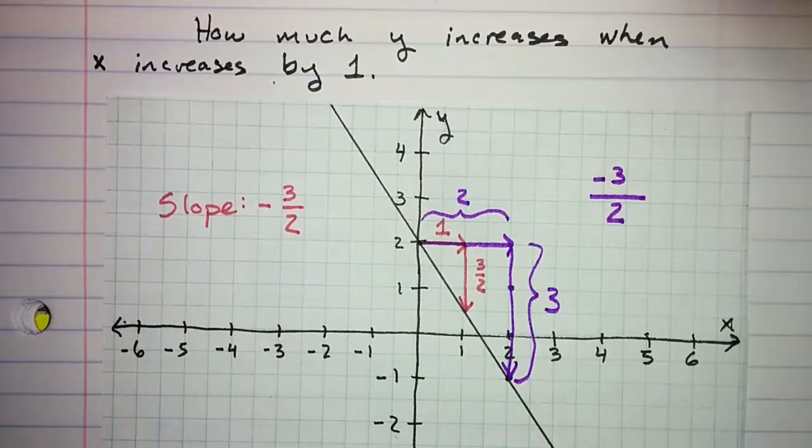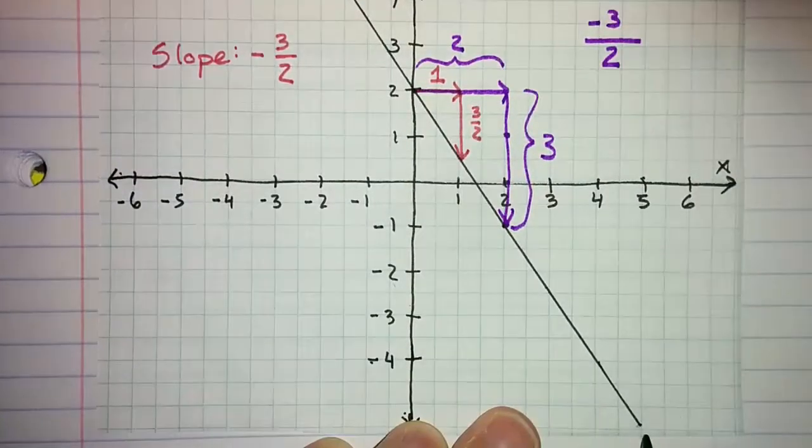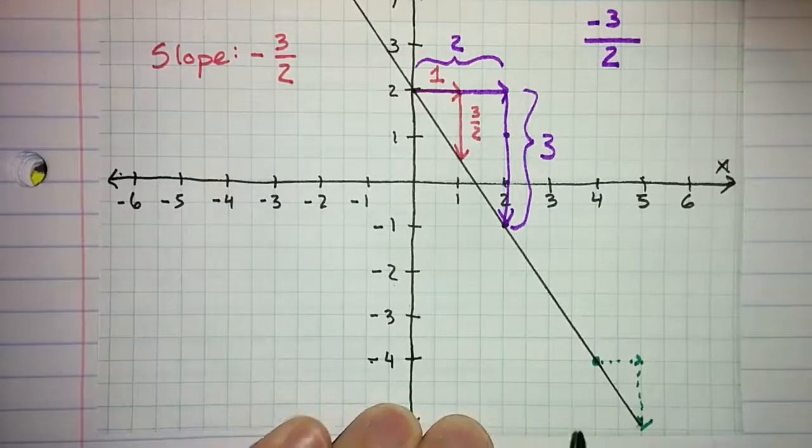Maybe we could have picked a different point to start at. Maybe for some reason we picked this point down here. Now from this point I could go to the right 1 and down 3 halves again. But now I'm getting to the end of the graph and things are looking funky.